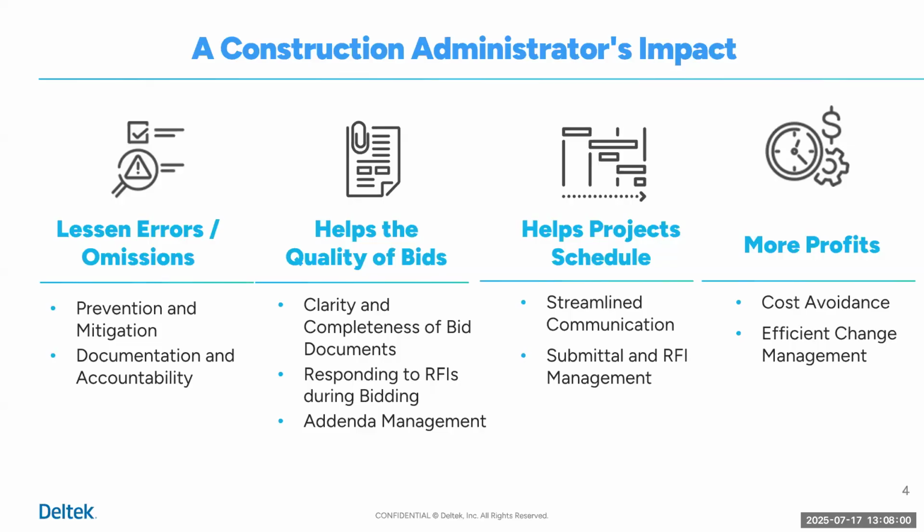What about bids? The quality of bids. A construction administrator can help with the quality of bids because of well-coordinated, and I'm going to say this, the best possible, error-free documents we can put together. That would enable a contractor to submit more accurate and competitive bids and be less likely to throw in costs for unknowns.